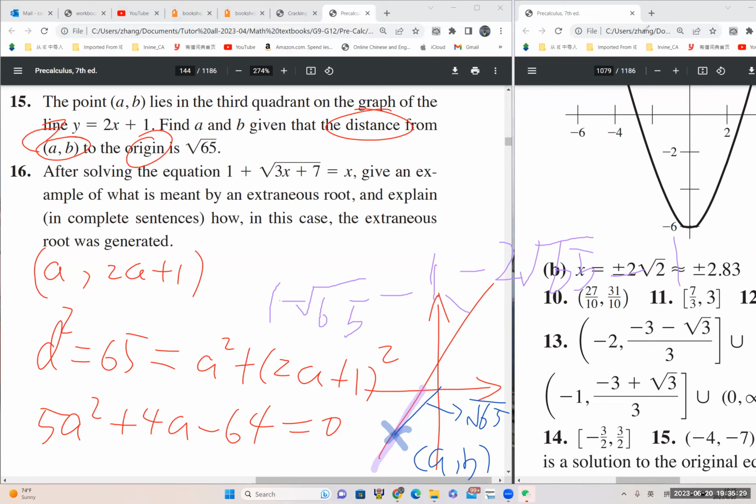Yeah. 5a minus. Could you write it down when you get an idea? Ray, if you get it, you can write on screen directly. Yeah, I also think about it. Yeah, I got it.